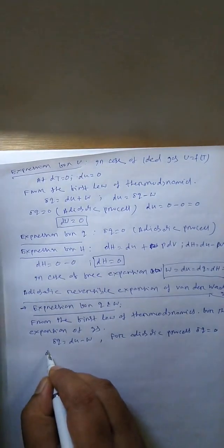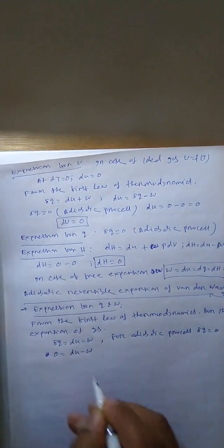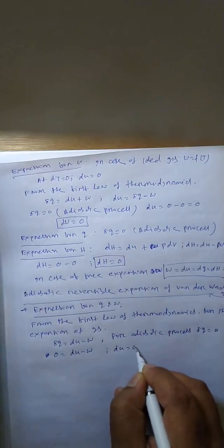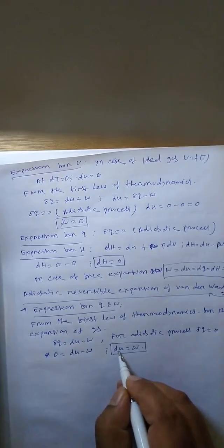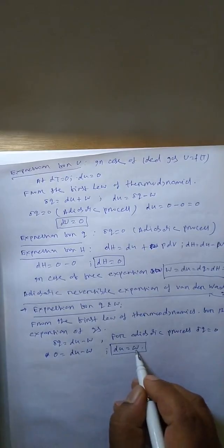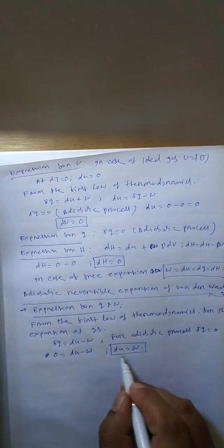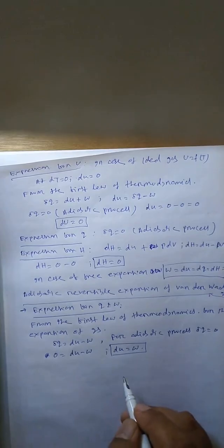That means dQ is equal to 0 is equal to dU minus W. That means dU is equal to W. That means whatever the value of change in internal energy, that is also the work done. If you find out the internal energy, then the same formula is used for the work done.